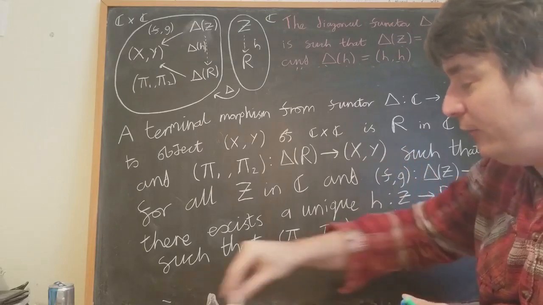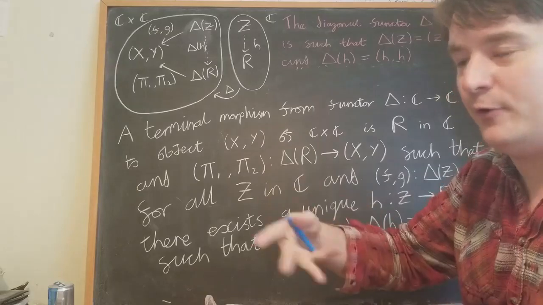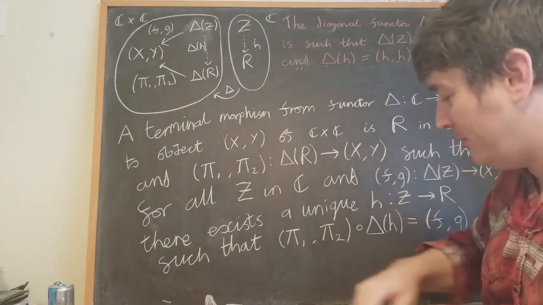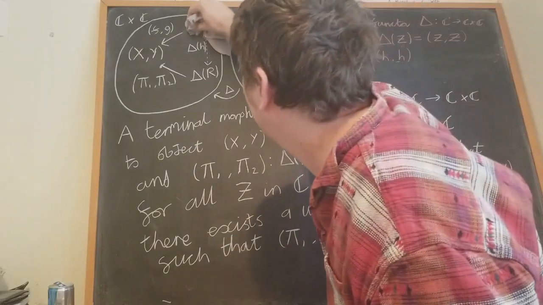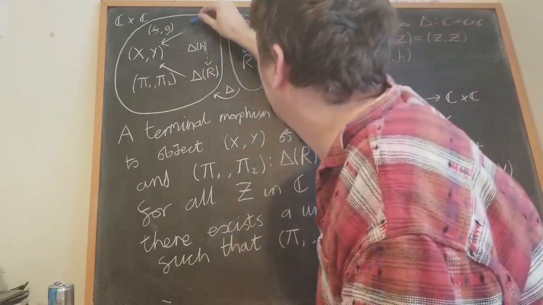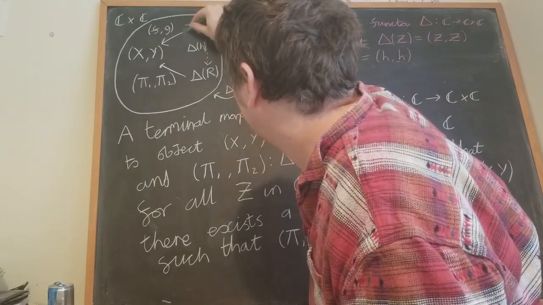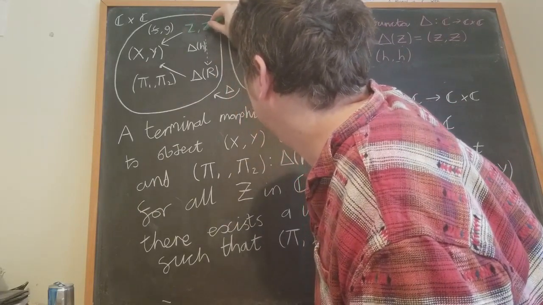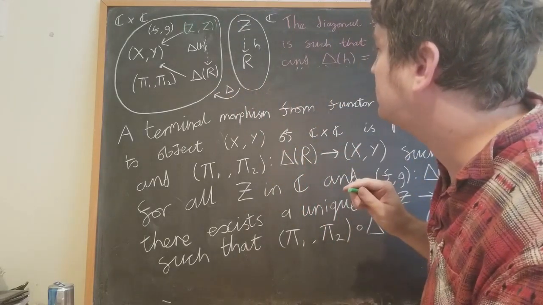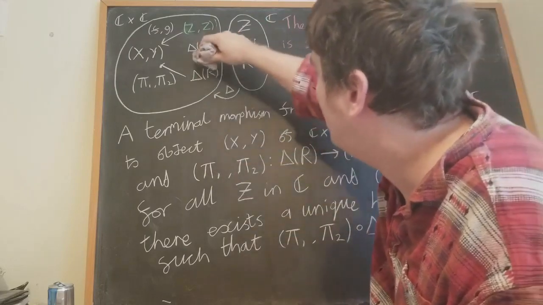So how can we see this? We'll just ask ourselves, what is the delta of stuff? So what's delta of z? Well, we know it's z comma z. And what's delta of r? That's going to be r comma r.